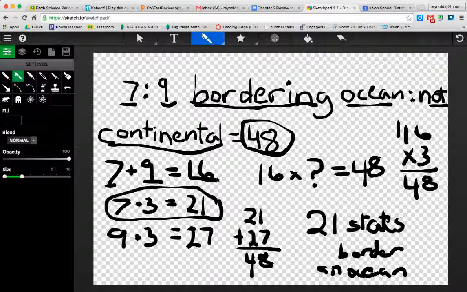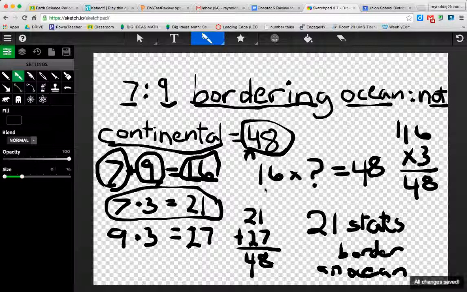So I'm going to find out how many times 16 goes into 48, because if I find that out, I know the multiplier that I need to use to bring my 7 and 9 up to their actual numbers.